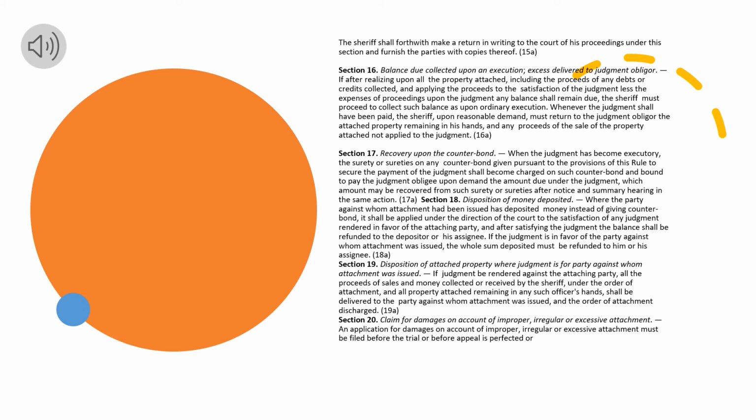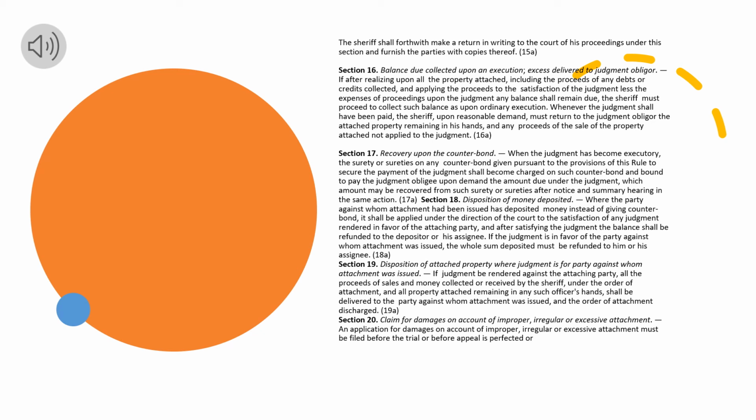If after realizing upon all the property attached, including the proceeds of any debts or credits collected, and applying the proceeds to the satisfaction of the judgment less the expenses of proceedings upon the judgment, any balance shall remain due, the sheriff must proceed to collect such balance as upon ordinary execution. Whenever the judgment shall have been paid, the sheriff, upon reasonable demand, must return to the judgment obligor the attached property remaining in his hands, and any proceeds of the sale of the property attached not applied to the judgment.